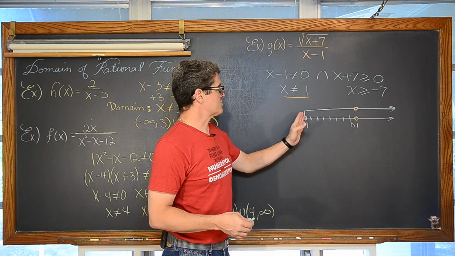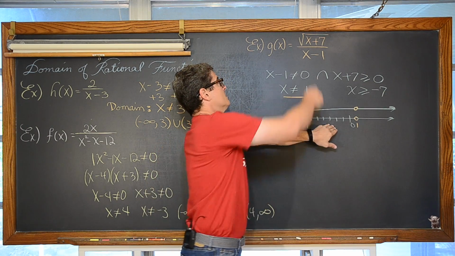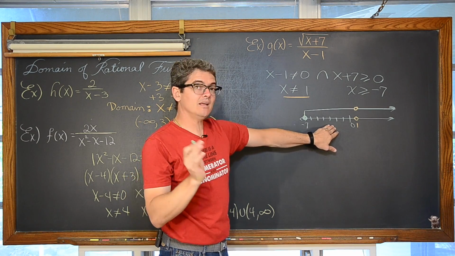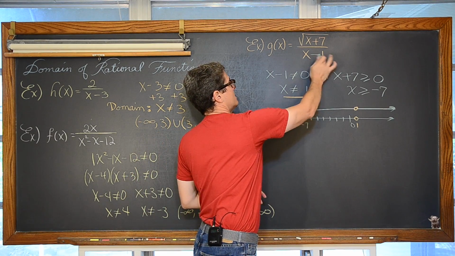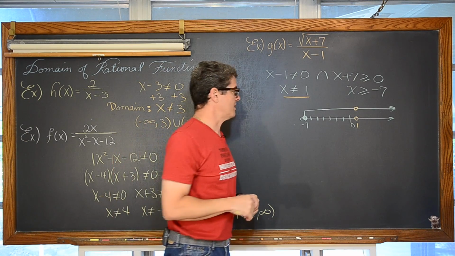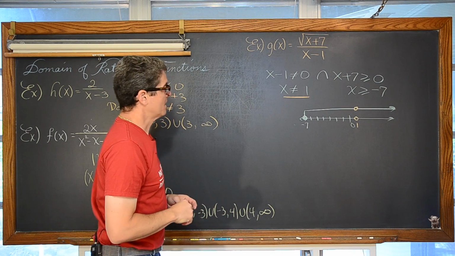Indeed, a number between negative 7 and positive 1 is going to give us a nonnegative value for the expression x plus 7, and it's any value that's not equal to 1. If it's equal to 1, of course, we're dividing by 0, and that's undefined. And same if we go to the right of 1, like at 2, 3, or 4, and so on.